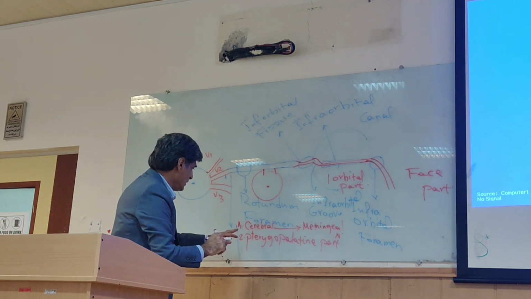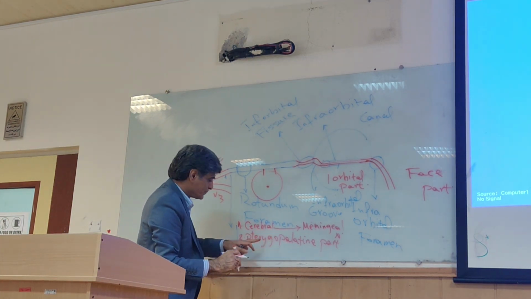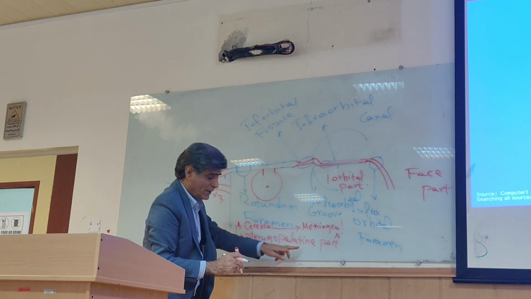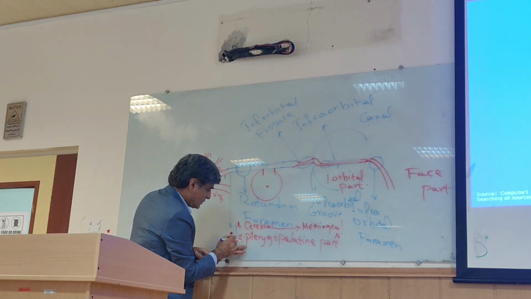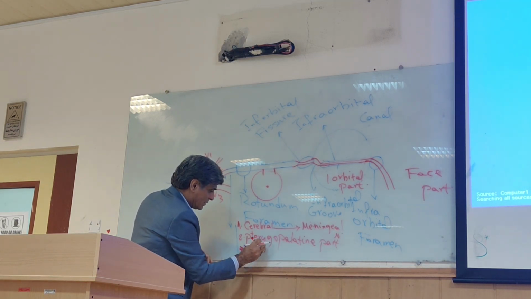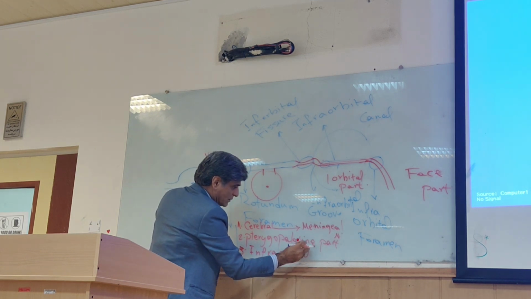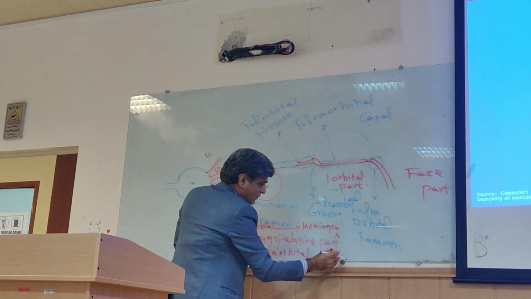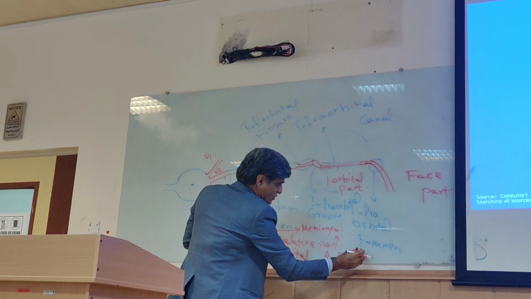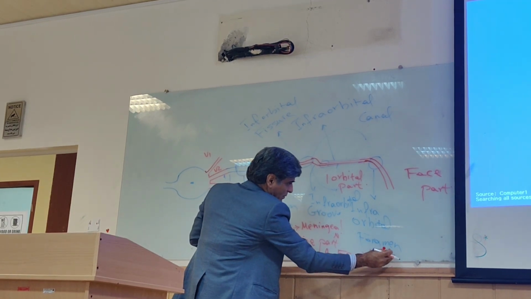The maxillary nerve contains 4 parts, okay? The cerebral part, the pterygopalatine part, the infraorbital part, and the facial part.